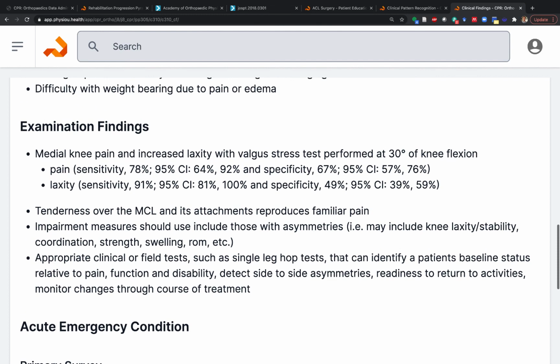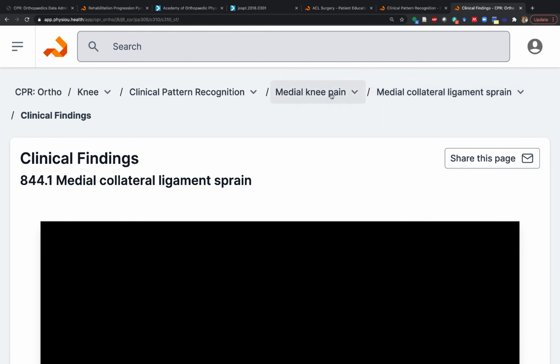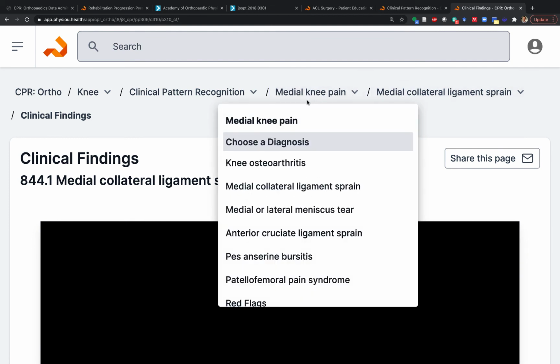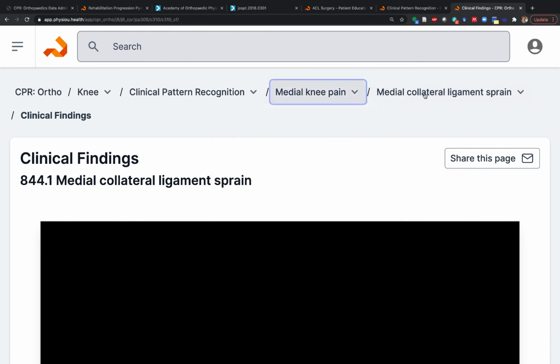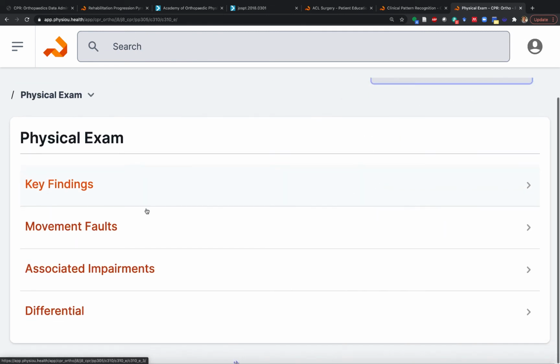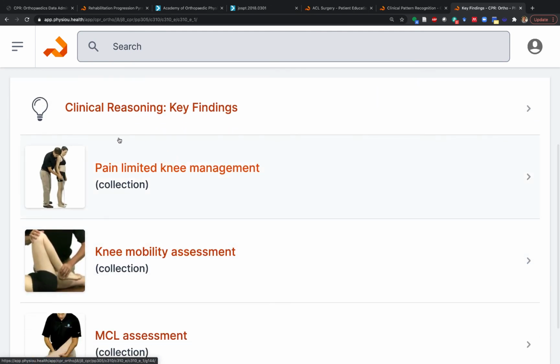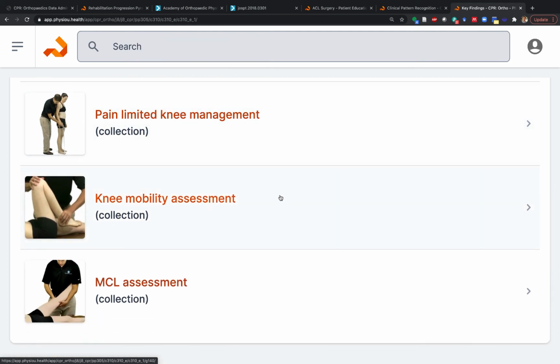Okay, so if we go back to the physical exam, nothing new here. Let's look at the key findings. When they're really painful, you know what to do. We are specialists at knee mobility, right?